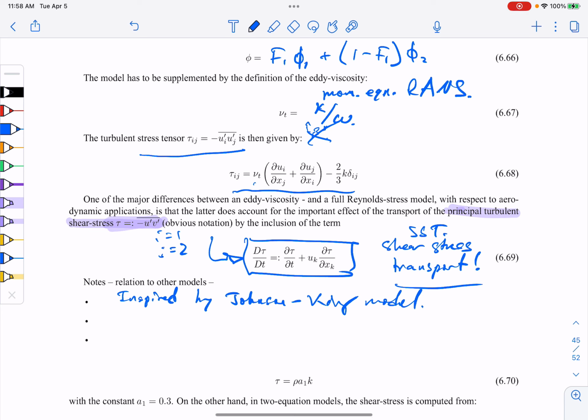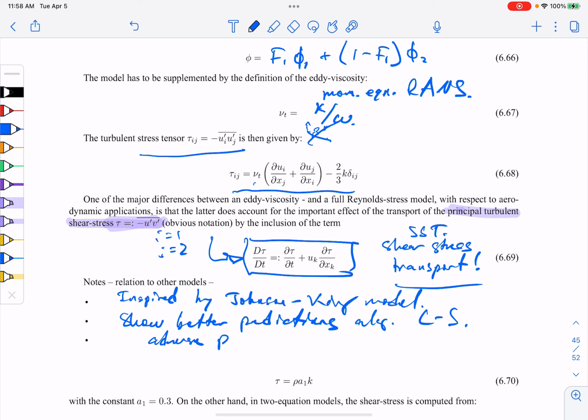Right. And it's going to show better predictions than the famous algebraic model of Cebeci-Smith for adverse pressure gradient flows.